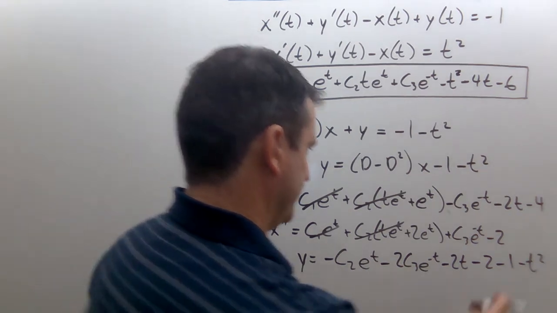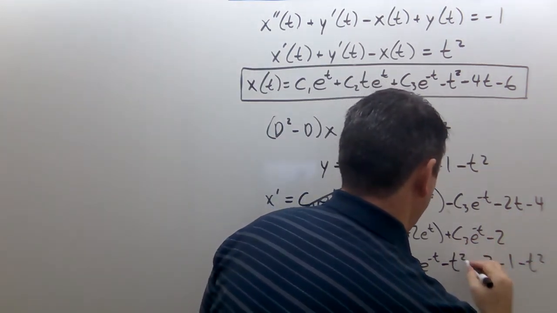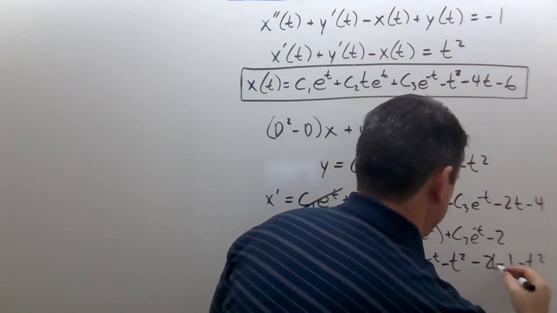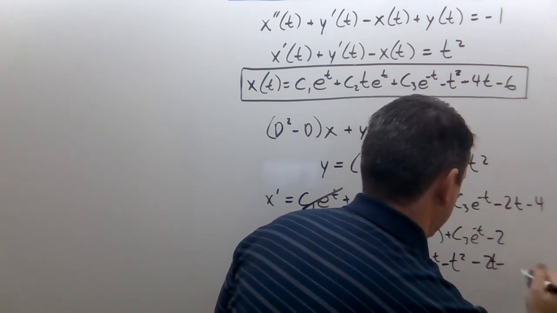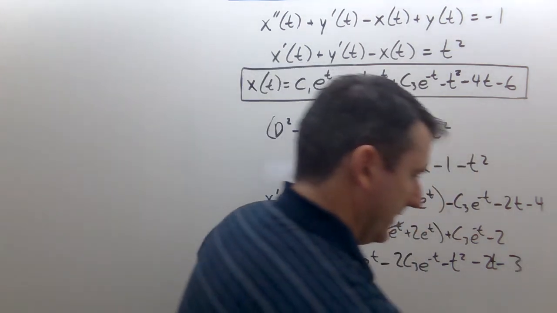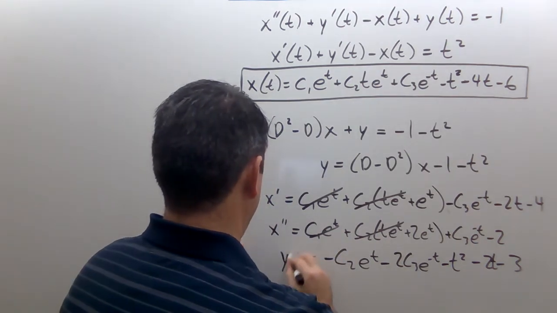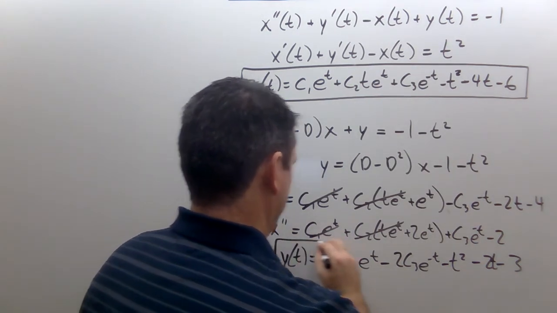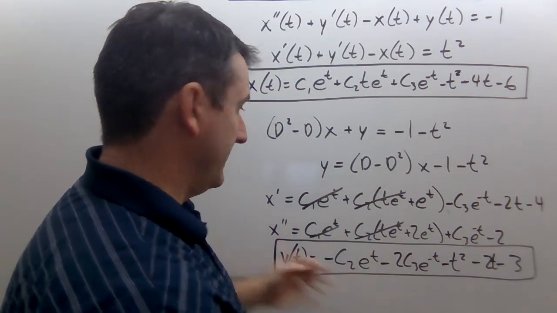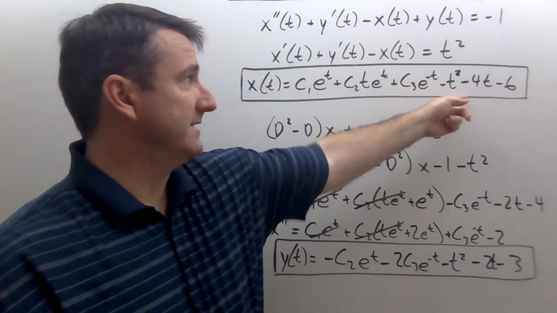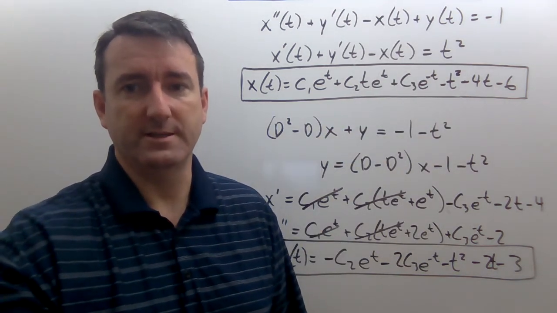Let's put this t squared, so minus t squared minus 2t, and then the 2 and the 1 just become minus 3. And we'll call this y of t, and there's our answer. And that's it. So we've got our x of t is this, our y of t is this, and that's the solution to our system of equations.